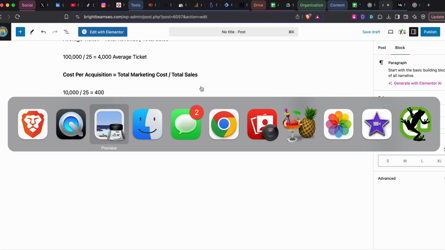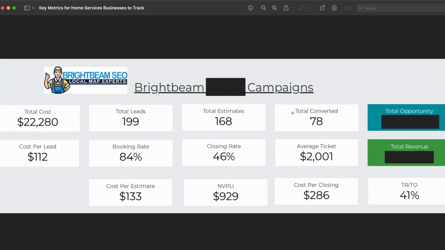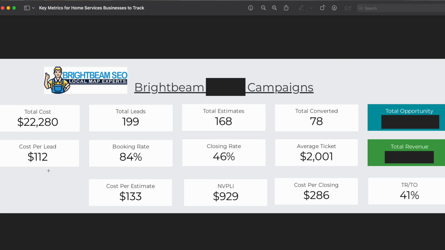Some of these other secondary metrics can really give us some more insight, right? So cost per lead: how much are we paying per lead? That's our total marketing cost divided by the number of leads. If for your industry your cost per lead is super high, then yeah, you got a marketing problem. Then cost per estimate: how much are you spending to get an estimate?